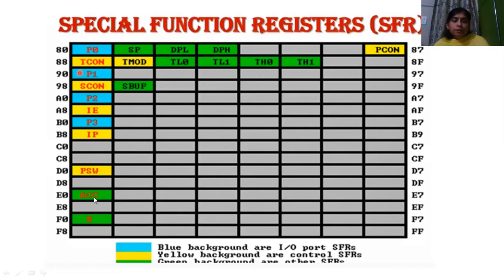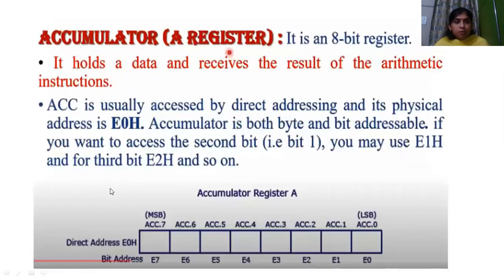These are the ACC accumulator, B register, and these are the addresses given. For example, the accumulator address is from E0 to E7, an 8-bit register. Now the first is the accumulator, ACC register. As I have told you, this accumulator is an 8-bit register.